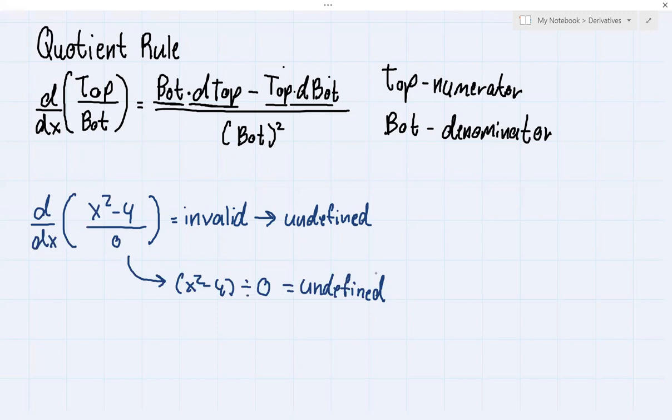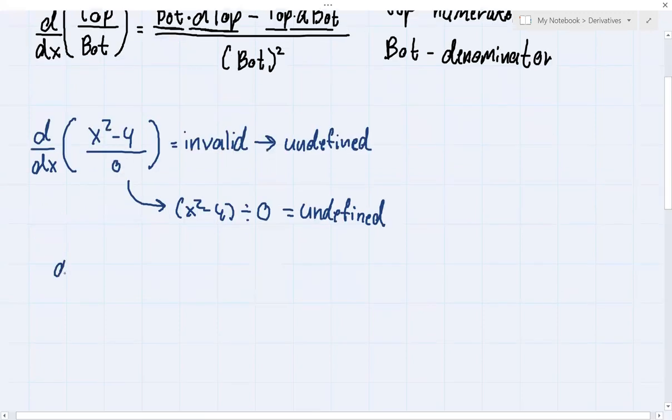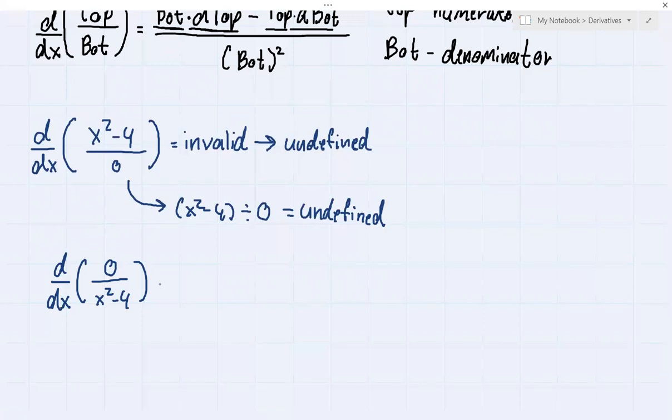Okay lang sana kung yung numerator mo ay 0, tapos sa baba si x squared minus 4. Pwede ito. Okay, we can find the answer for this one. Because the 0 is in the numerator.